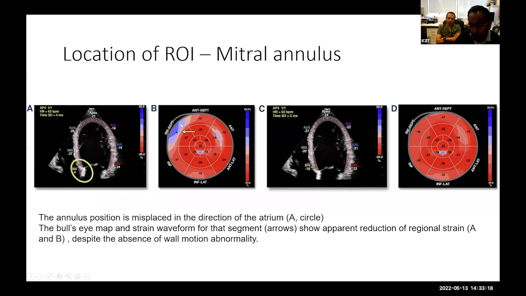That will be represented in your bullseye plot as not deforming appropriately, or not contracting at all. And you might abnormally think there's something abnormal going on in the infraseptal region, but actually you're not tracking the region of interest that you're looking at.